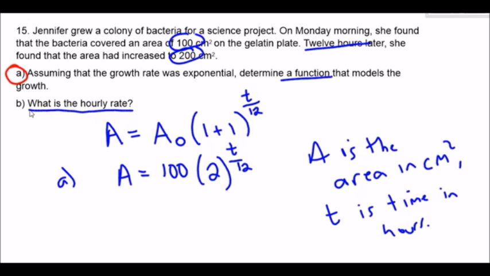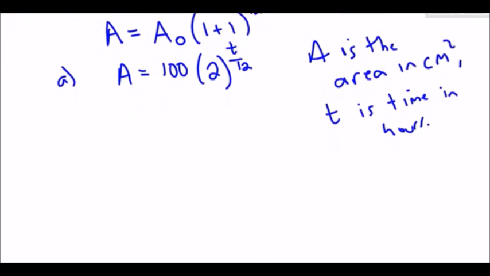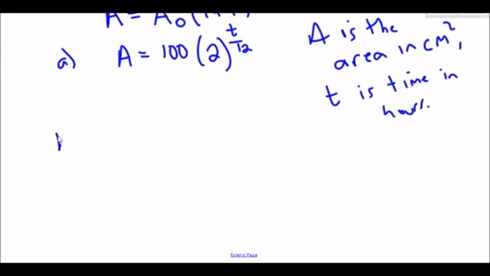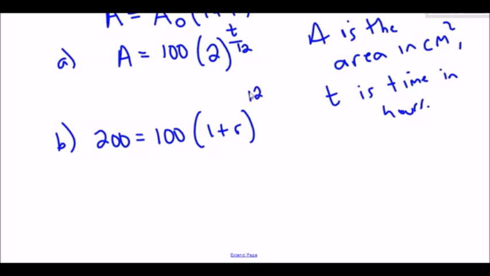Now question B says, what is the hourly rate? So I'm going to change this up a little bit. I'm going to now assume that instead of doubling in 12 hours, there's some sort of hourly rate. So I'm going to rewrite this equation and assume that every hour it increases by a certain percent.